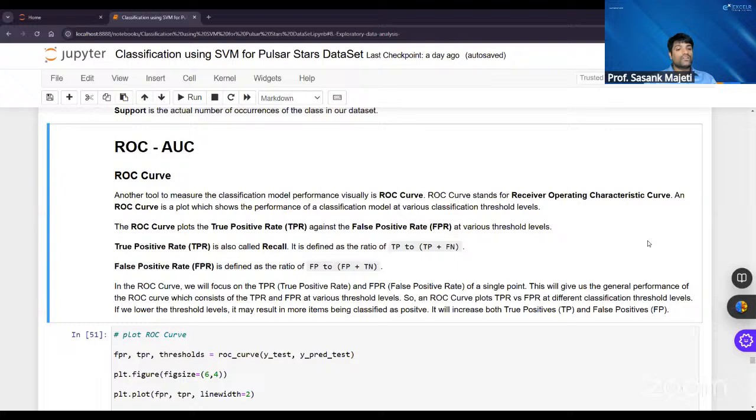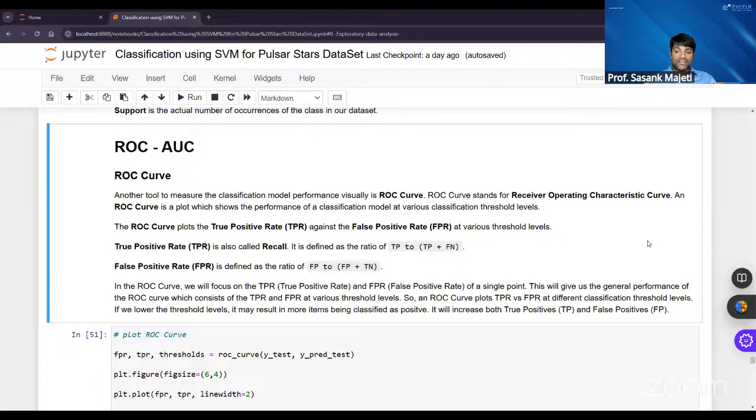The true positive rate is called the recall, and the false positive rate is the ratio used to understand the true positive and false positive rates under one particular plot.